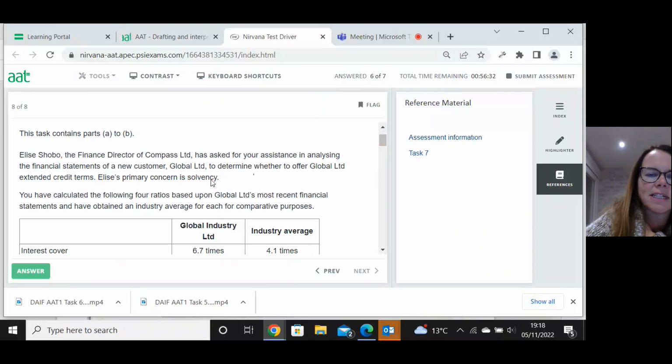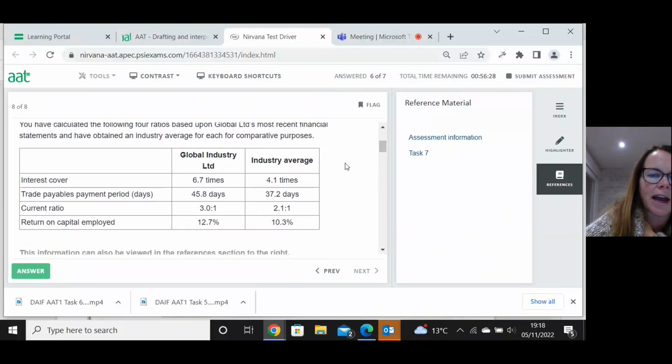So we're most interested in can they pay their debts as they fall due. Out of these ratios, trade payables payment period is going to be relevant and the current ratio. But really and truly, that current ratio is probably the most important measure that we're interested in.